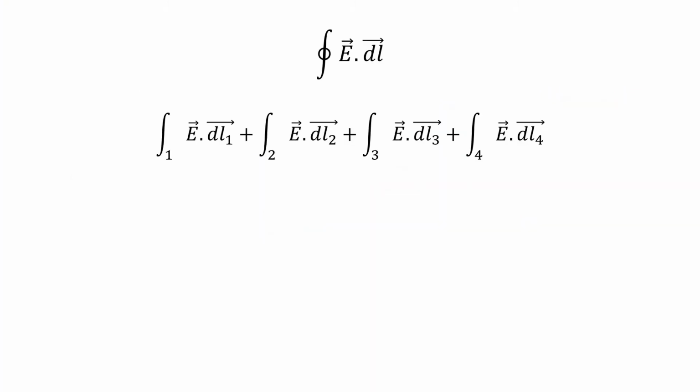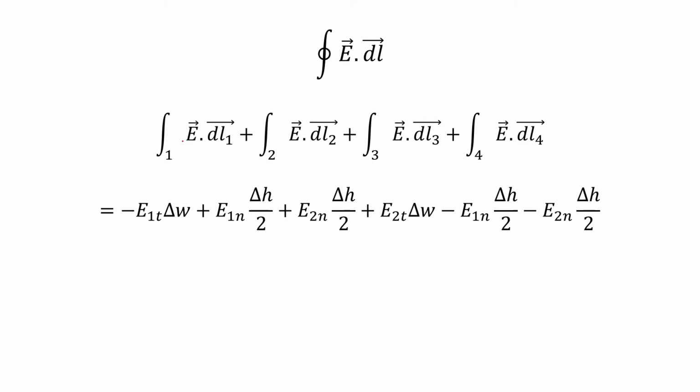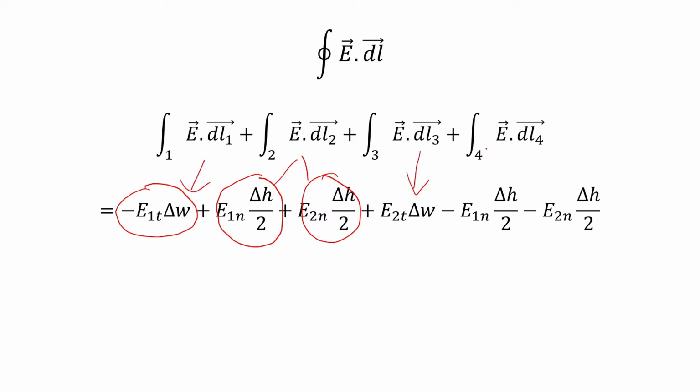See, what would happen when I combine them together? When I add all four of them, the net result I would be getting is minus E1t times delta W, plus E1n times delta h by 2 and E2n times delta h by 2 for the second one. And for the third one, I have E2t delta W. And for the fourth one, I have minus E1n delta h by 2 and minus E2n delta h by 2.